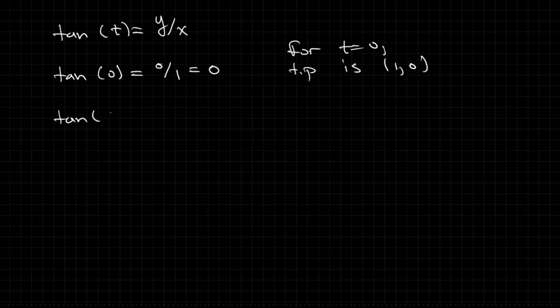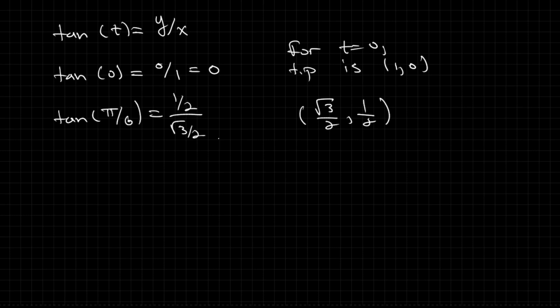And now if you needed to evaluate tangent of something like pi over 4, which we already did, let's do the smaller angle first, so pi over 6. I'll list the terminal point over here, that's root 3 over 2, comma 1/2. And so y, which is 1/2, divided by x, which is root 3 over 2, that's going to be equal to 1/2 times 2 over root 3.